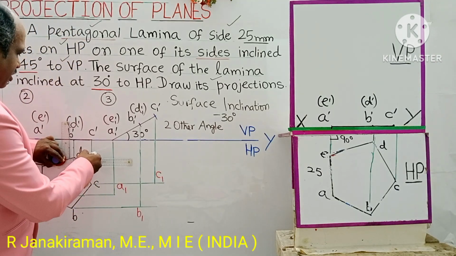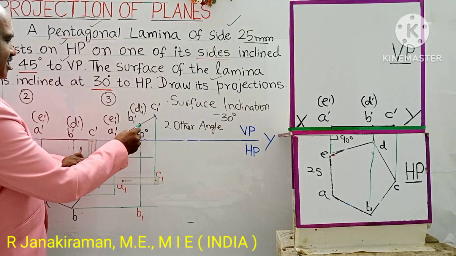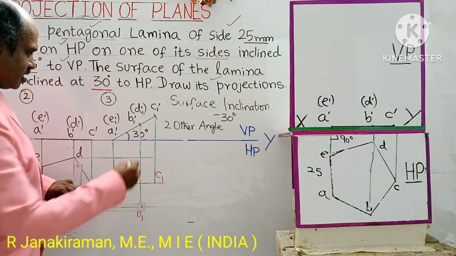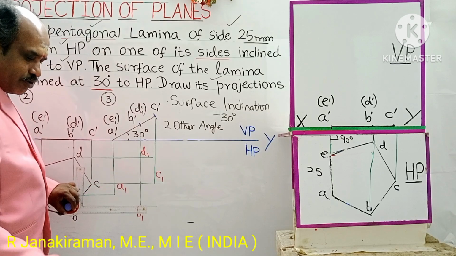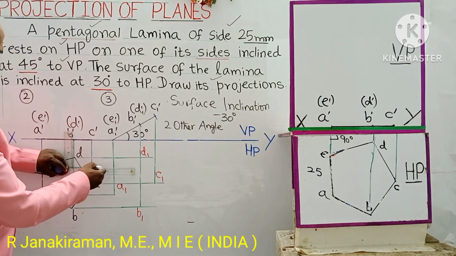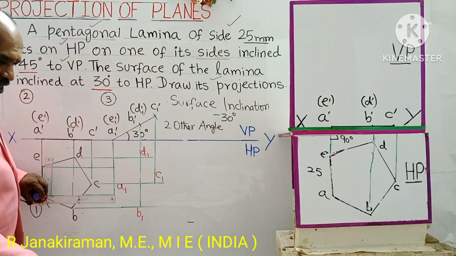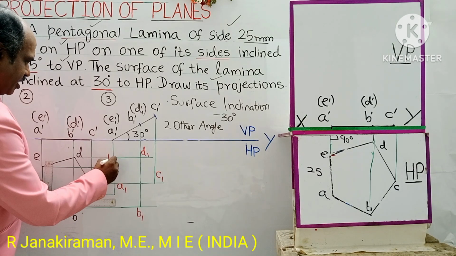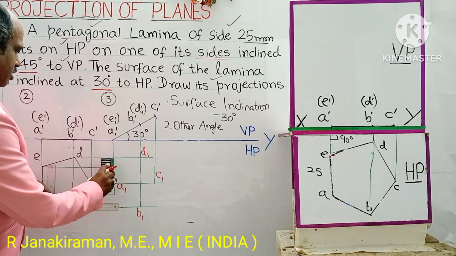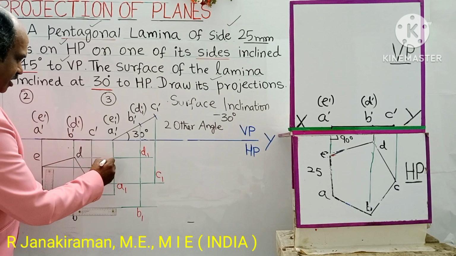Next, from D, draw a horizontal projector or projection line. This B1 dash is also called D1 dash, so this point shall be marked as D suffix 1 dash. Next to D is E. Draw a horizontal projector from E, and from E a vertical projector. Where both intersect shall be marked as E suffix 1 dash.